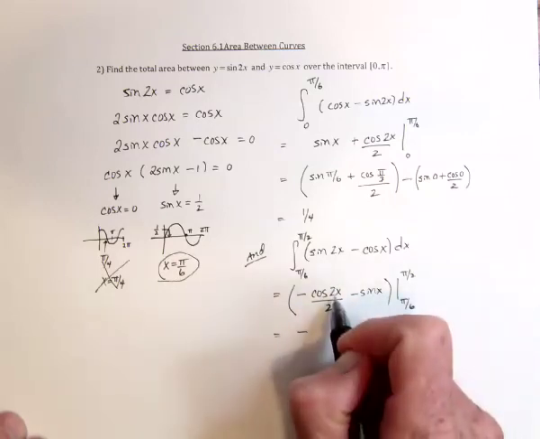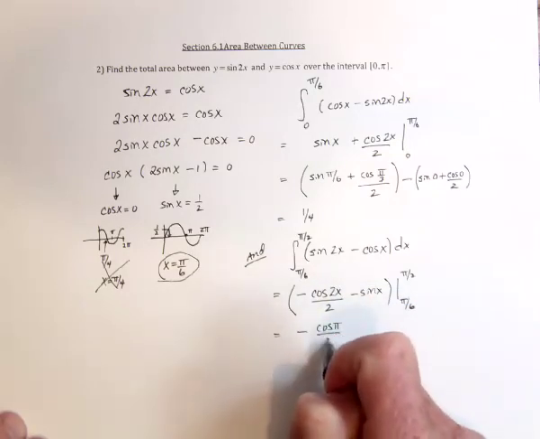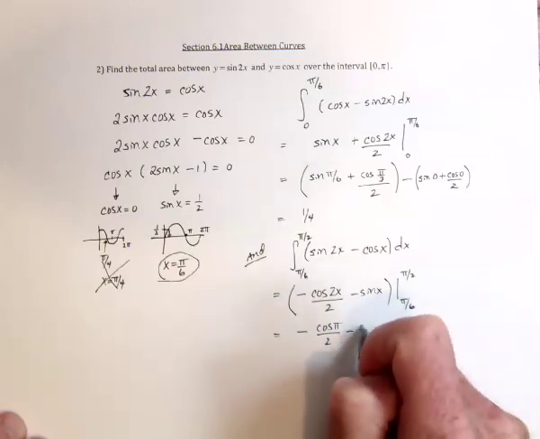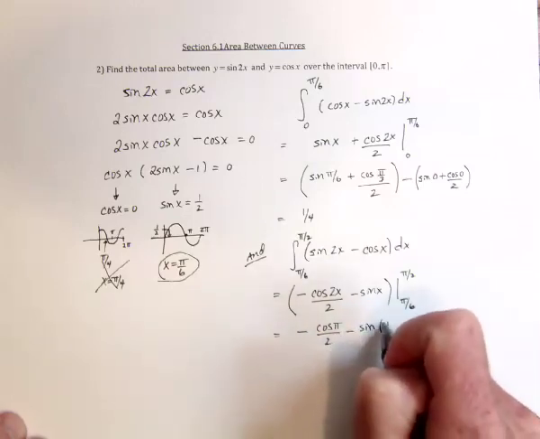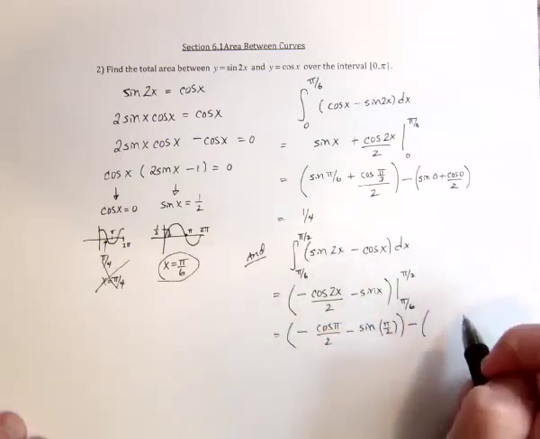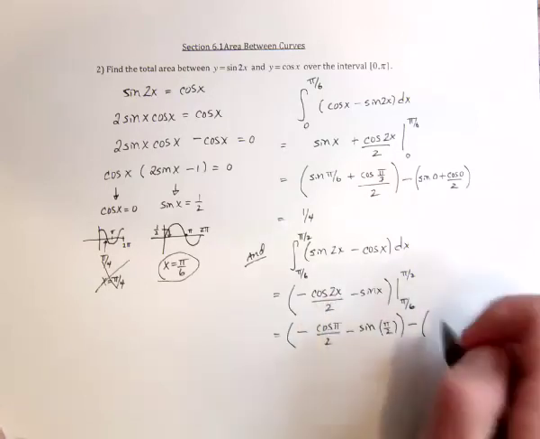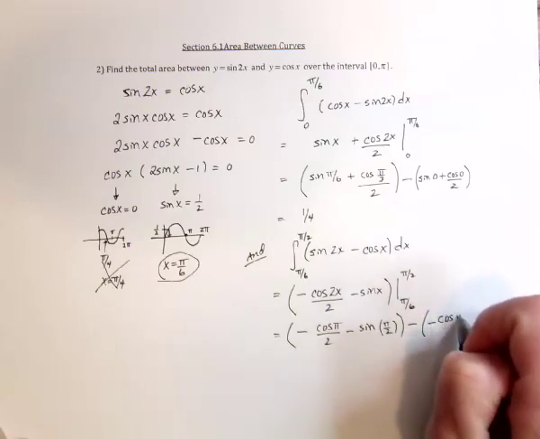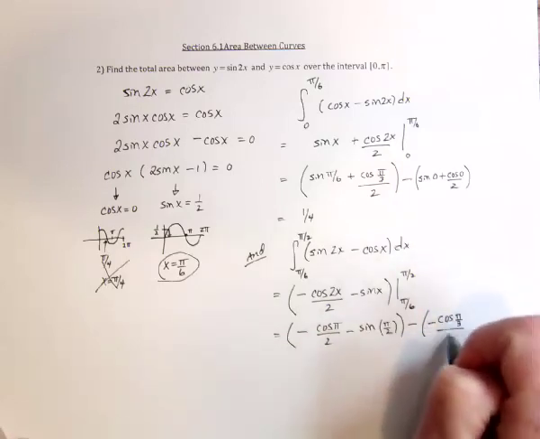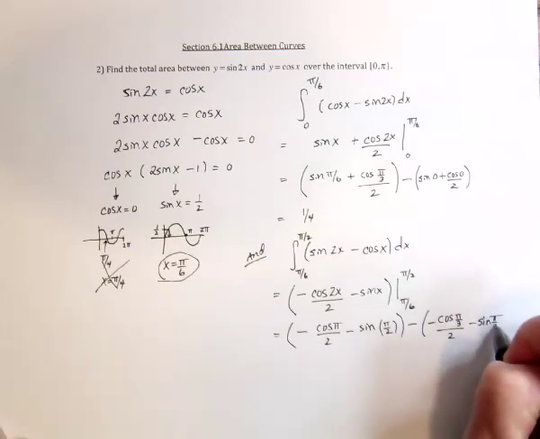So when you substitute the pi over 2 in here, it becomes just a pi. And then divide cosine of pi by 2. Next, minus sine pi over 2. And now substitute the pi over 6. So with a pi over 6 in here and a 2, it becomes pi over 3. And then divided by 2. And then minus sine of pi over 6.